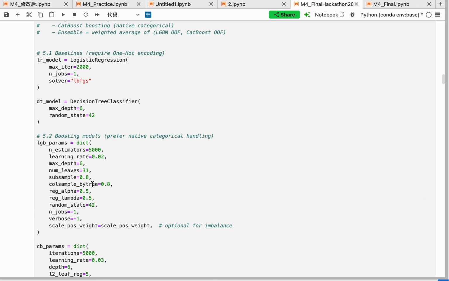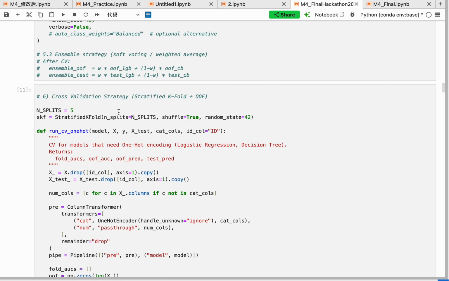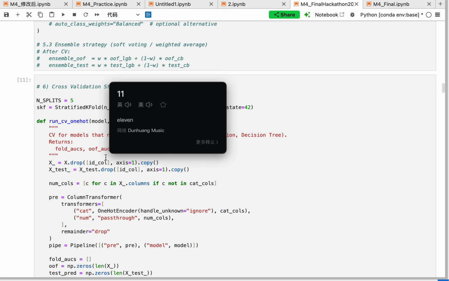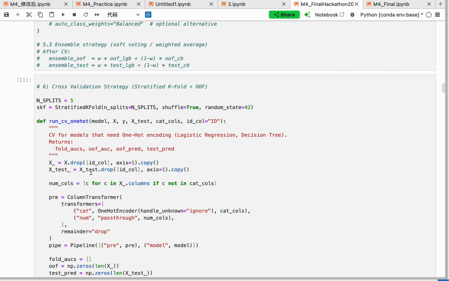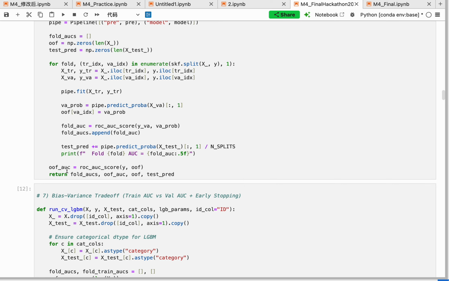I also used cross validation, split into five folds. And I tuned the threshold based on the precision recall trade-off, and I put the F1 score as a better balance between rejecting risky customers and approving good ones.